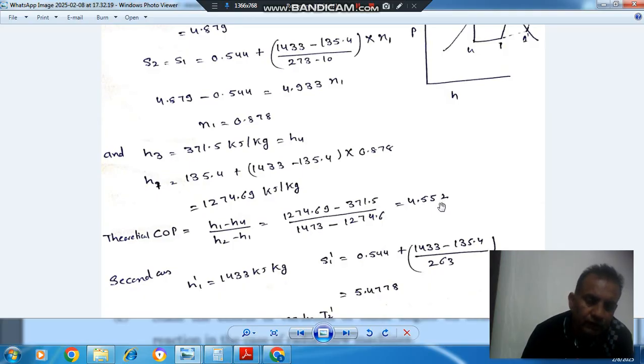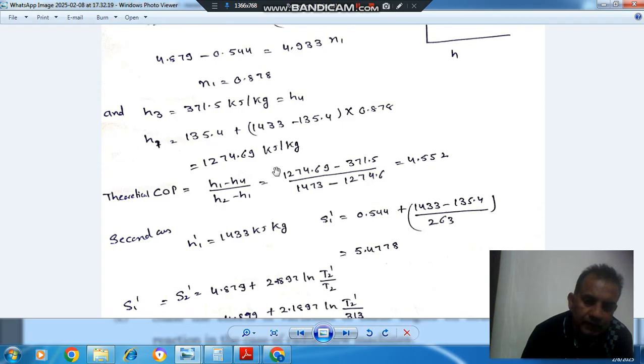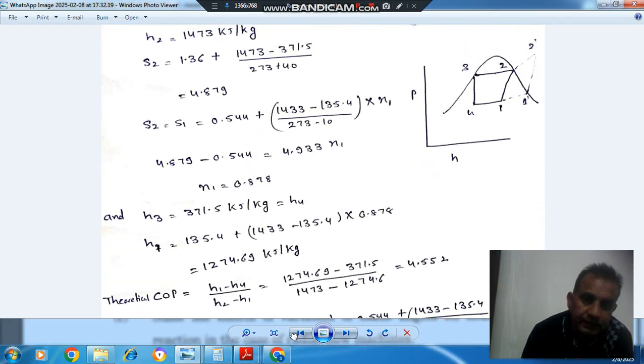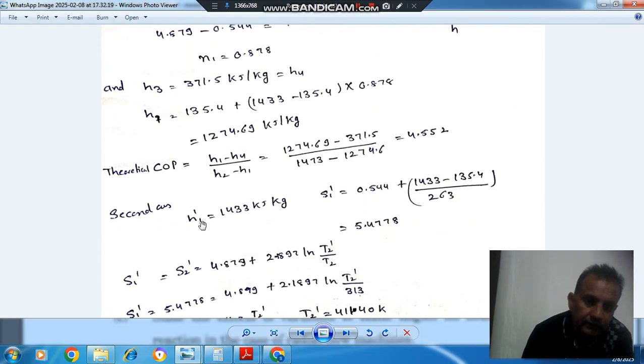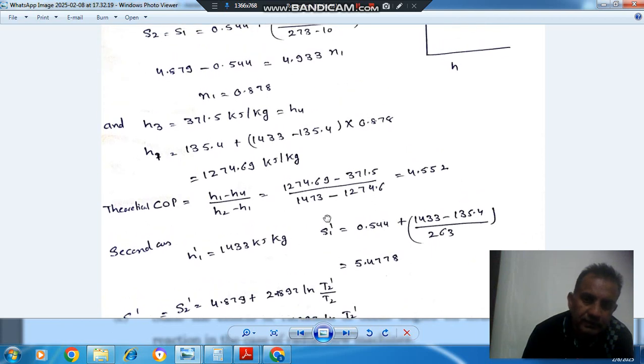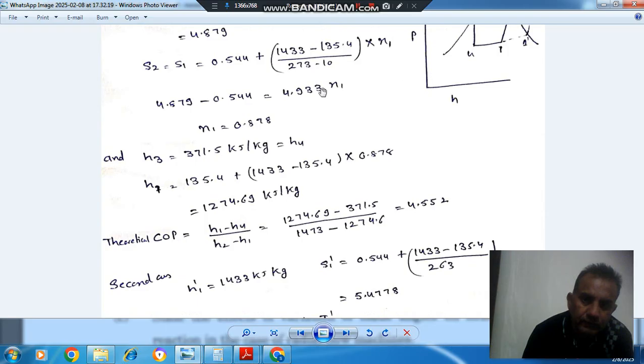4.552. Okay, so that is the theoretical COP in first case, and in second case, this is your dry saturated, and at dry saturated condition for minus 10 degrees Celsius, H1 dash is 1433 kilojoules we have used here. Okay, and S1 dash is entropy of liquid, X will not be there, X will be 1.